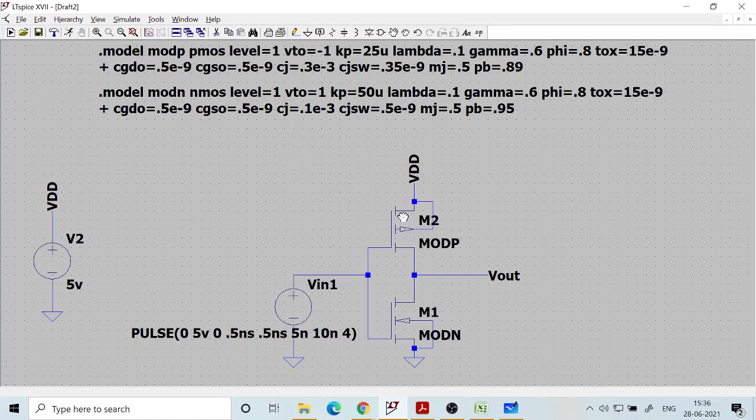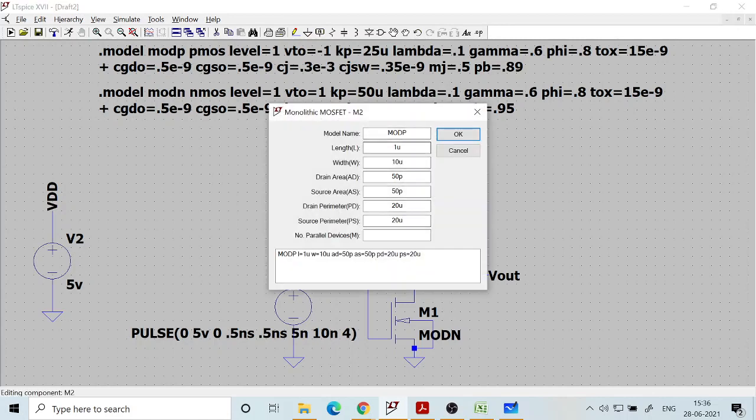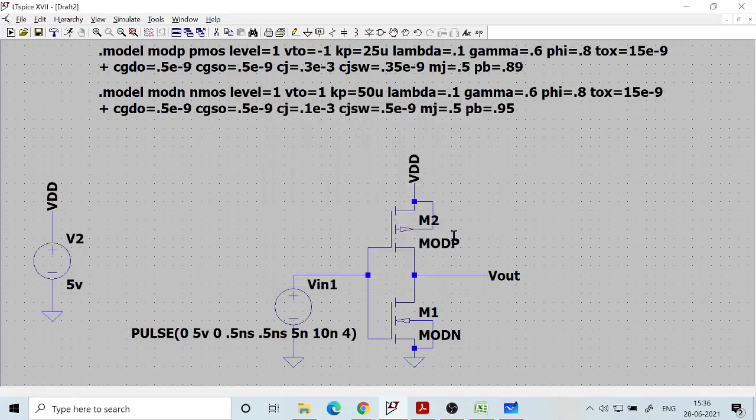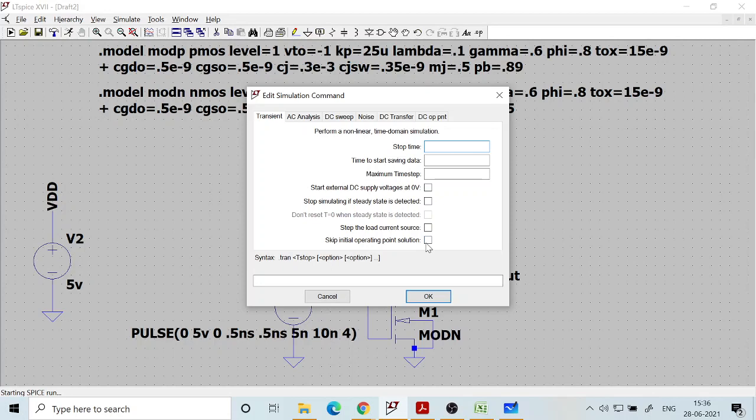So design parameters all given. Okay, length is 1 micro, width is 10 micro, and we calculated the same thing what we did in the last class, same design parameters. Similarly for NMOS also. Now we will do the transient analysis.